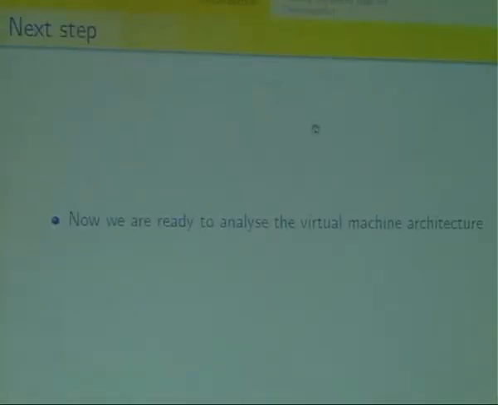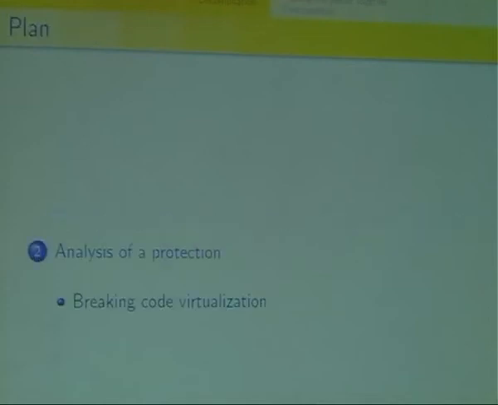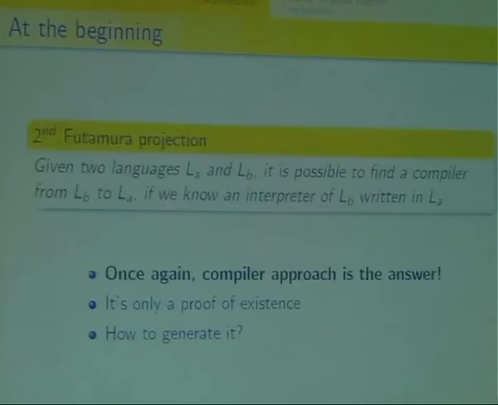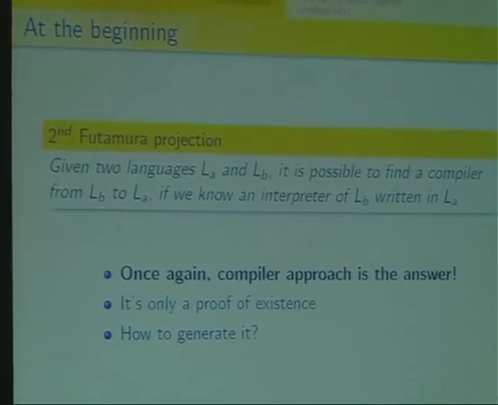So now that we have broken the obfuscation of the virtual machine, we are able to analyze all its code, all its internals. So what we'll try to do is to break code virtualization. From a theoretical point of view, code virtualization is rather weak.